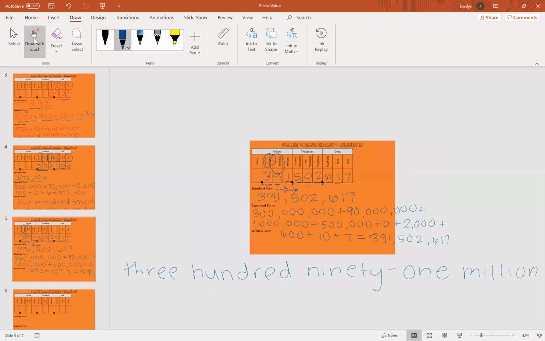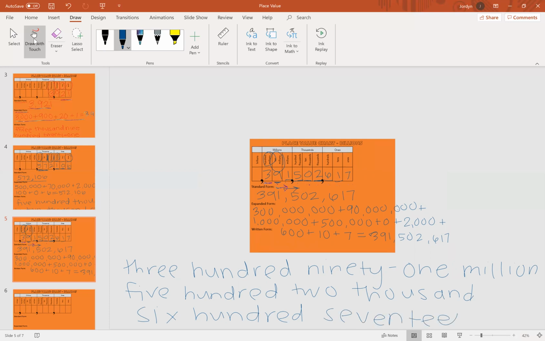Next is this 502. So 502,000. 502,617. 617. Very good.